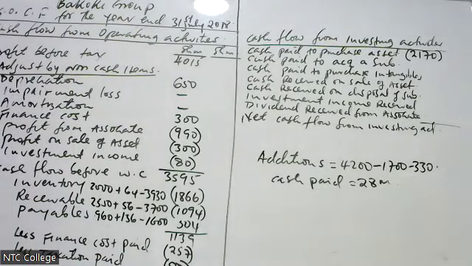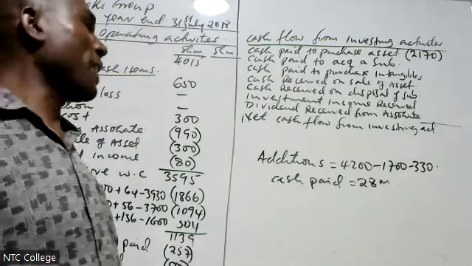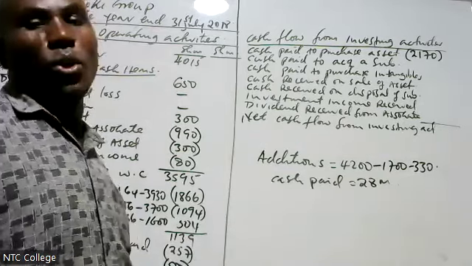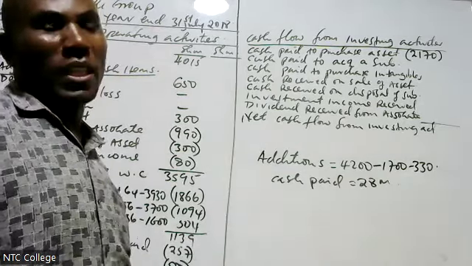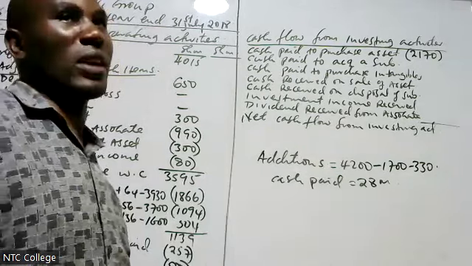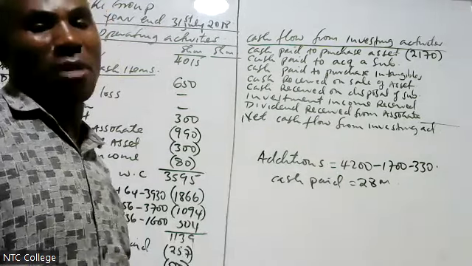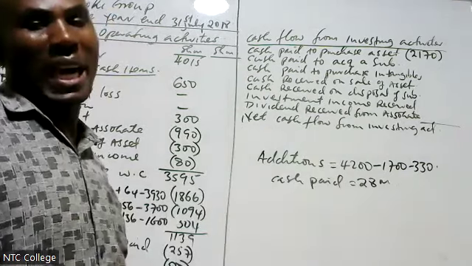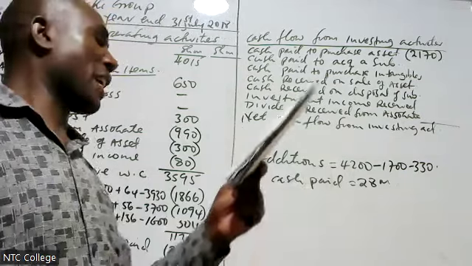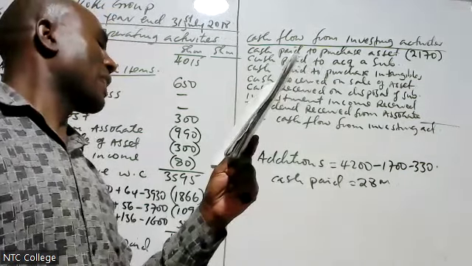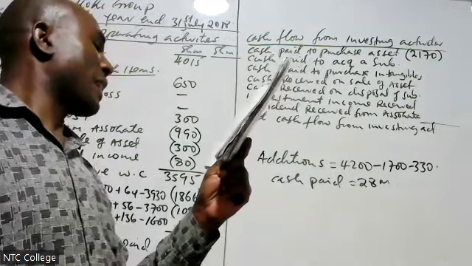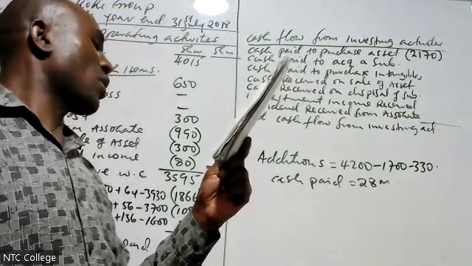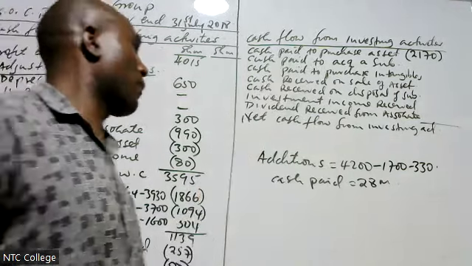But remember, I said yesterday that if you pay 28 million in cash, you don't report 28 million. You adjust with any bank overdraft or any cash in the subsidiary acquired. When you check in the subsidiary acquired, there is cash and bank balance of 224.